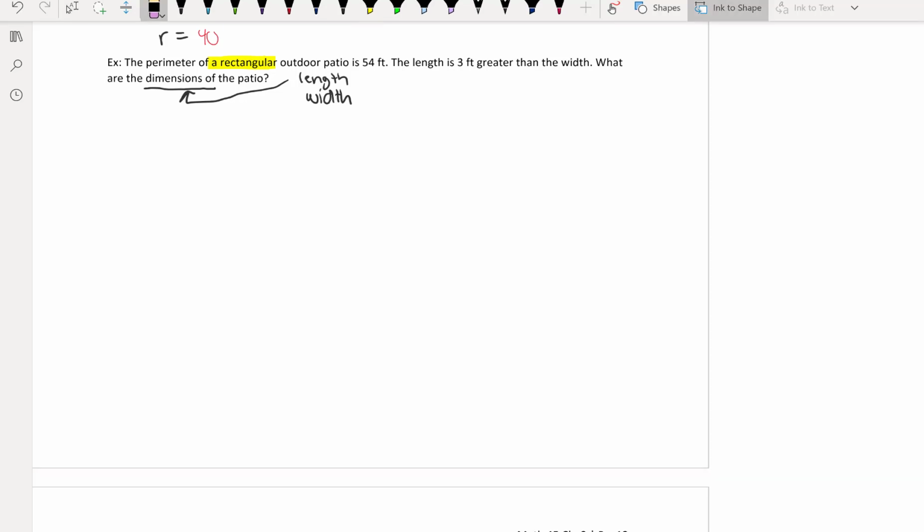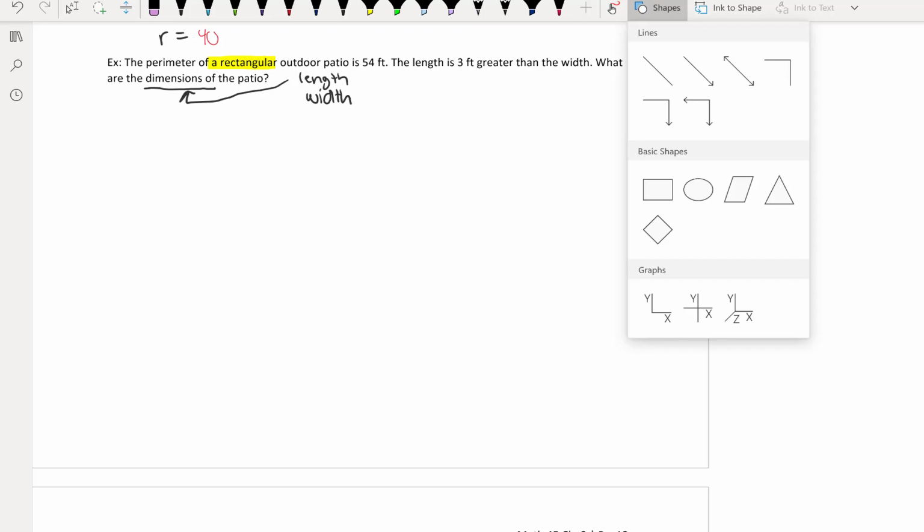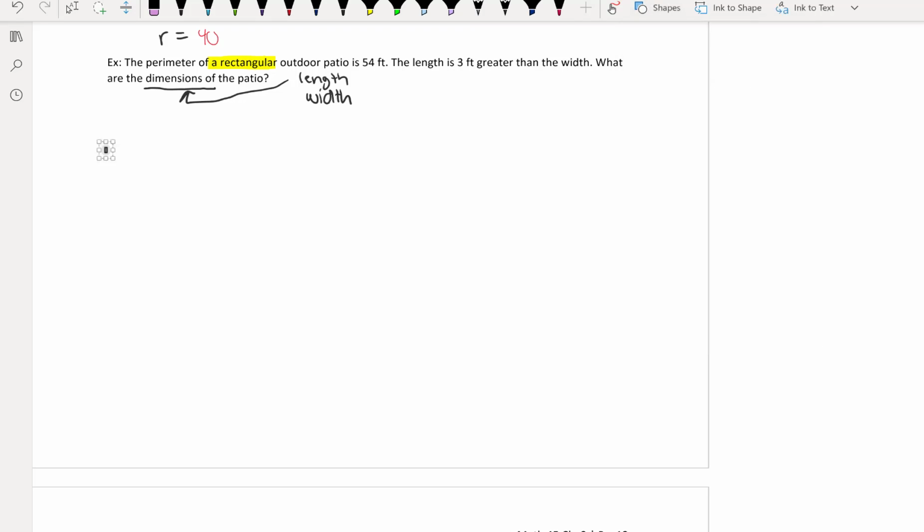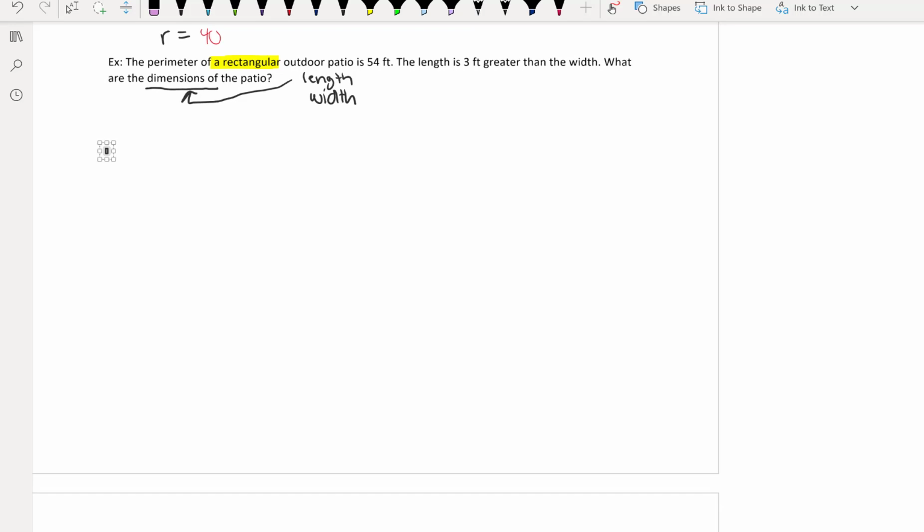Oops. I guess I can't. That's okay, I tried. So let's just go ahead and draw it then. So there is my rectangle.